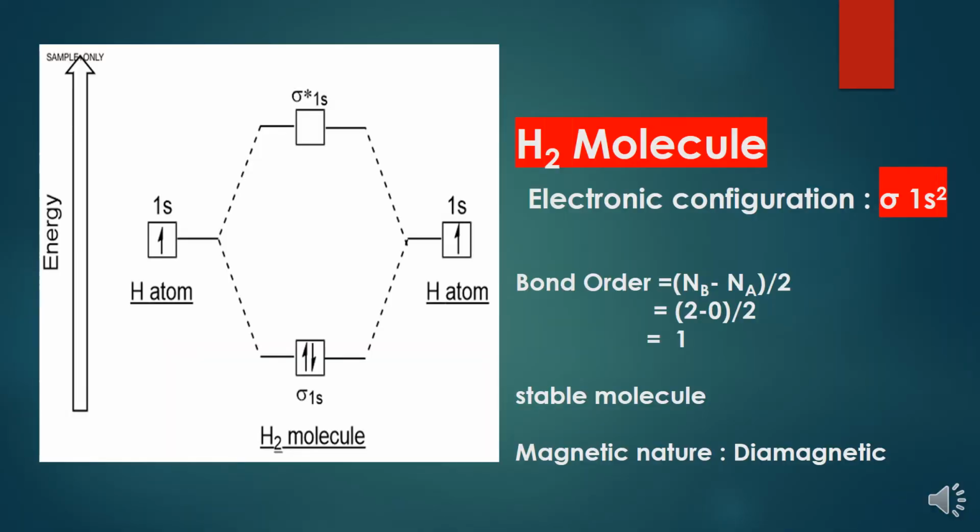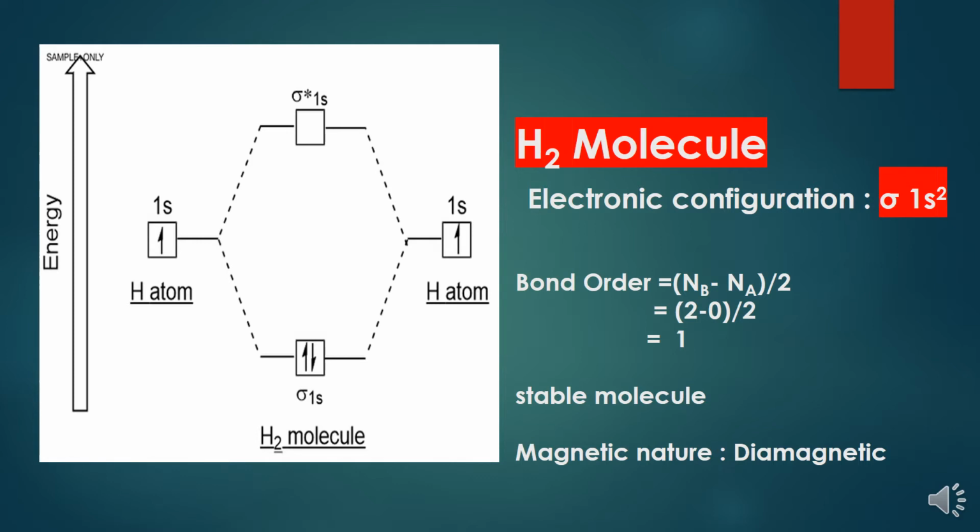First, the simplest molecule, the H2 molecule. As you can see, the hydrogen molecule is made by two hydrogen atoms. Each hydrogen atom has one electron in its 1s orbital. So these two 1s orbitals will overlap to form two new molecular orbitals, sigma 1s and sigma star 1s.